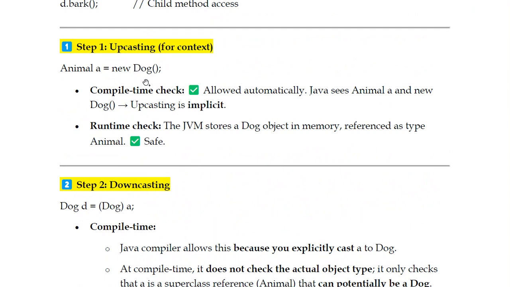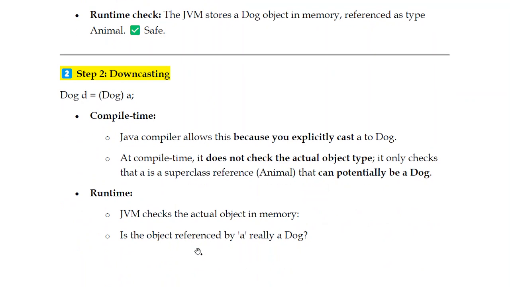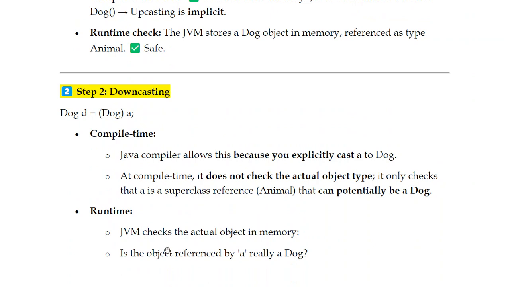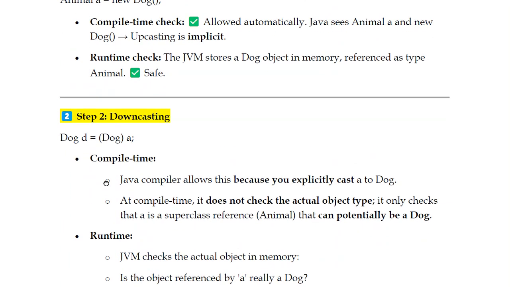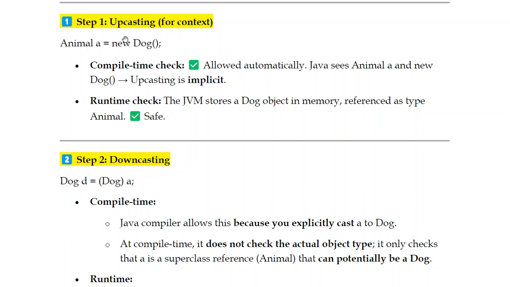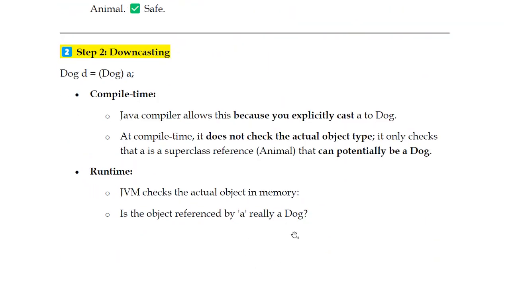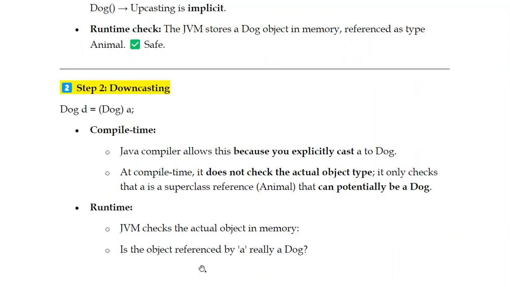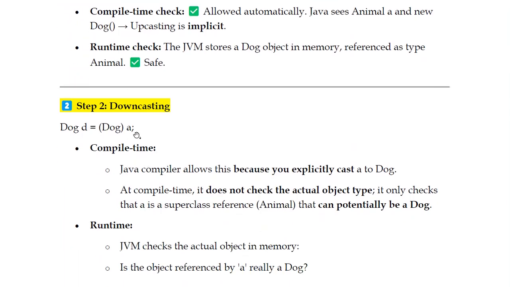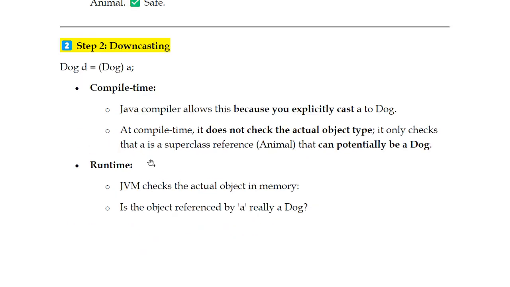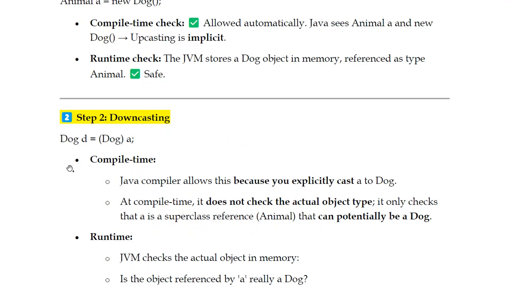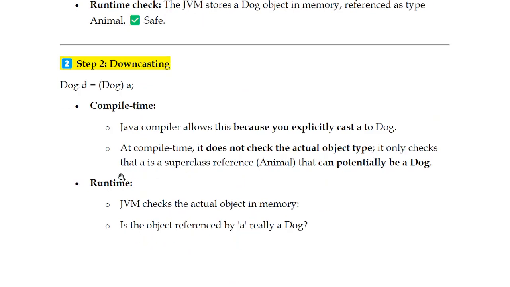After it is created, is the object referenced by a really a Dog? Only now will it check.